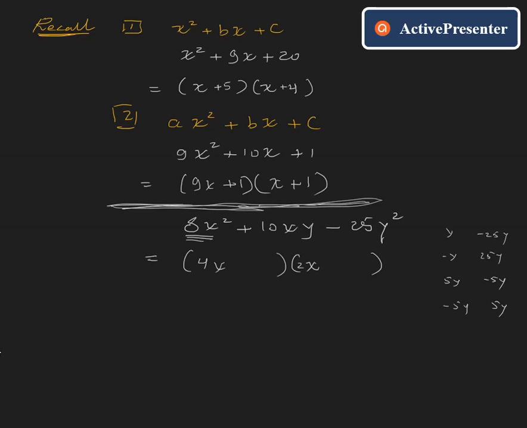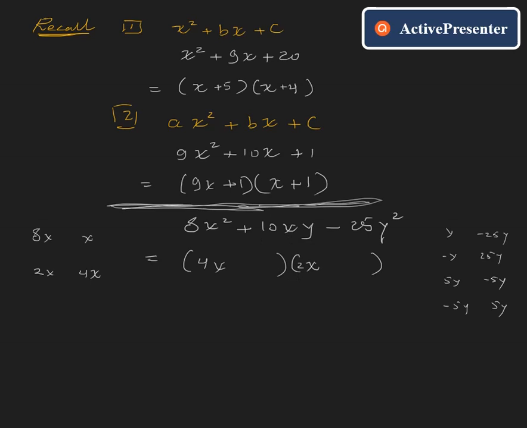Also for the 8x squared, you may check with 8x and x, and you may check with 2x and 4x, and see what is the correct answer. If you multiply the numbers here together, you will get minus 25y squared, and if you add them, you will get the middle term, which is 10xy.